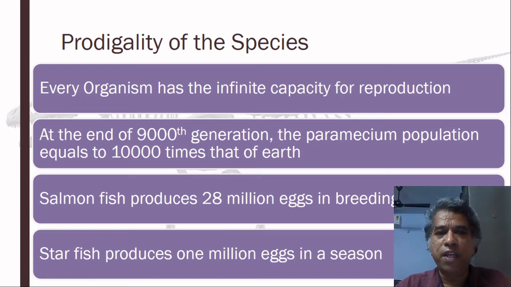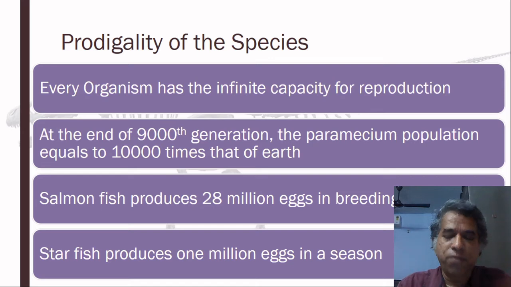By seeing this example, you can simply understand the magnitude of the problem. Salmon fish produces nearly 28 million eggs in breeding season, whereas starfish produces 1 million eggs in a season. If all these eggs that are laid by salmon fish and starfish survive, the entire ocean will be filled up with these two species. But that's not happening. Why that is not happening means, of course, nature exhibits some sort of checks and balances.